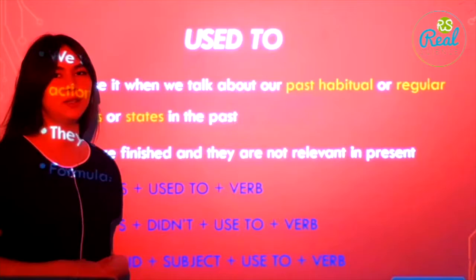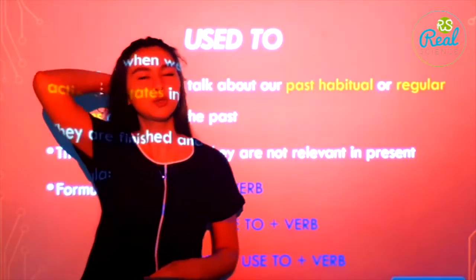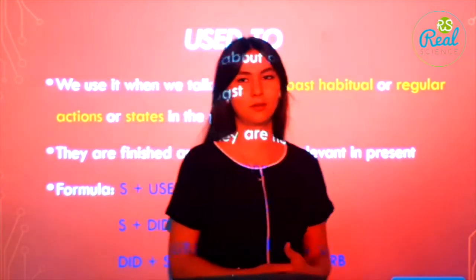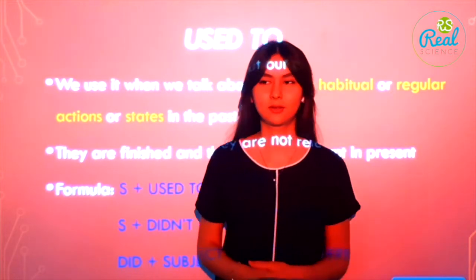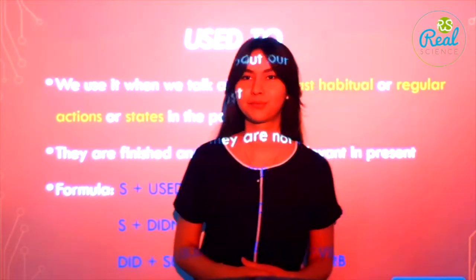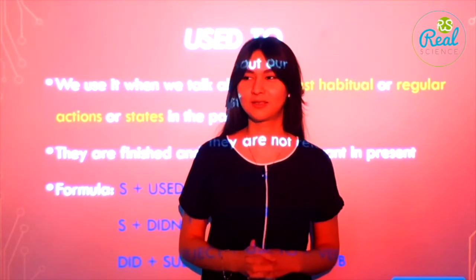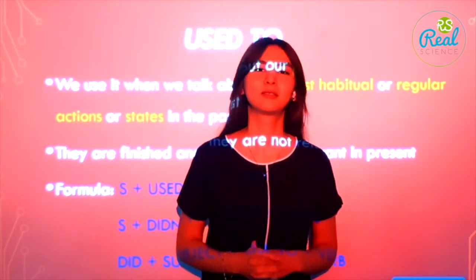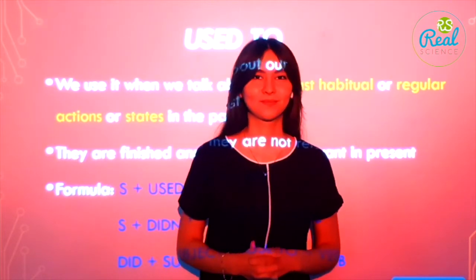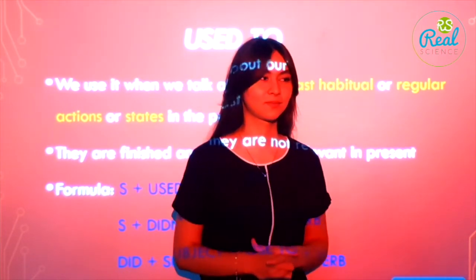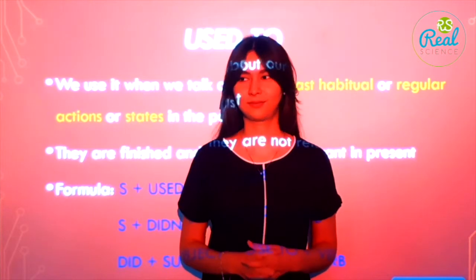Before starting, let me ask you, what is used to and what do we use it for? We use it when we want to talk about past habits. Good job. That we are not doing anymore. Now we are not doing them, but we did them in the past.